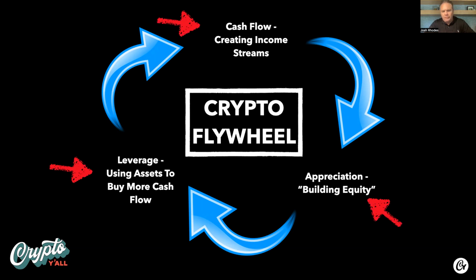But before I do, I want to do a quick flyover of the crypto flywheel, not as an introduction, but as how I connect the strategies in my head with my personal strategy, and how you could potentially do the same. When we use the cash flow part of the flywheel, that is our chance to create house money.